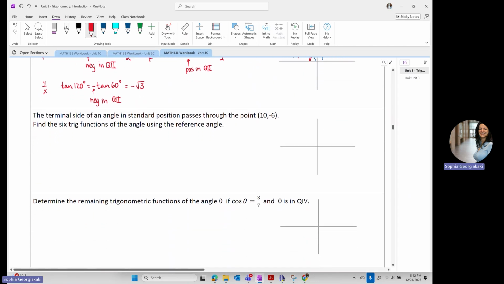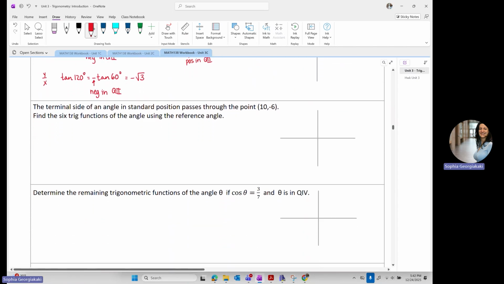Now, some other very important types of problems that are very nice for test questions are coming up here. And for those, we will sketch the angle in the correct quadrant, and we will clearly label the values of x, y, and r, including their signs.